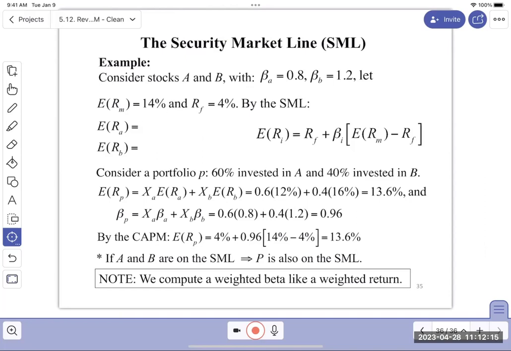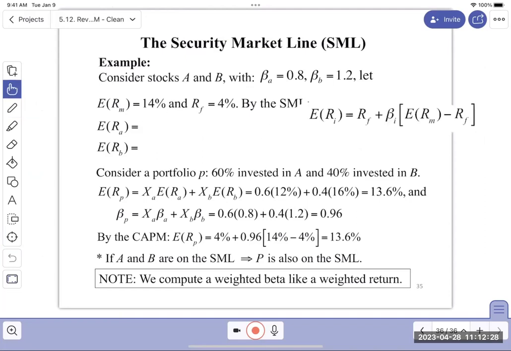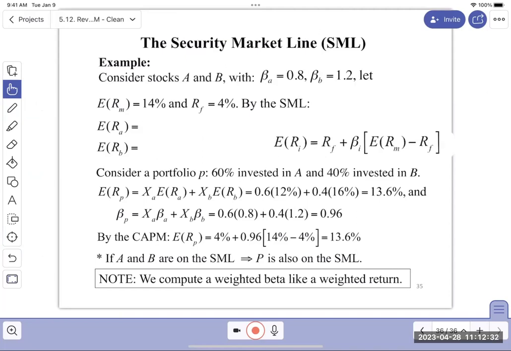Okay. So let's calculate. What we're going to do is use this formula. 4% plus the beta of A, which is up here, is 0.8, and the market risk premium, which we can calculate aside. 14% minus 4 means that there's 10% market risk premium.